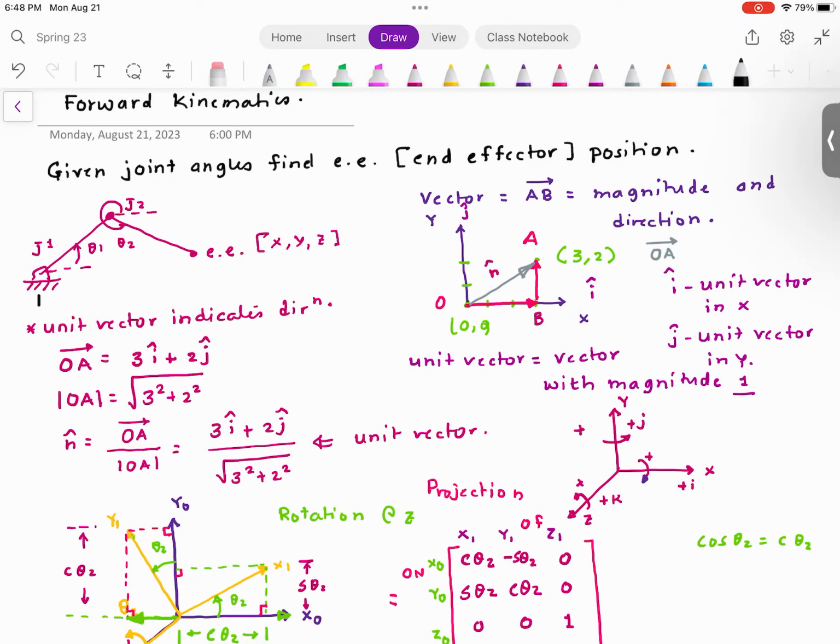You have a hinge joint here and a hinge joint here. So this is called a 2R robot.